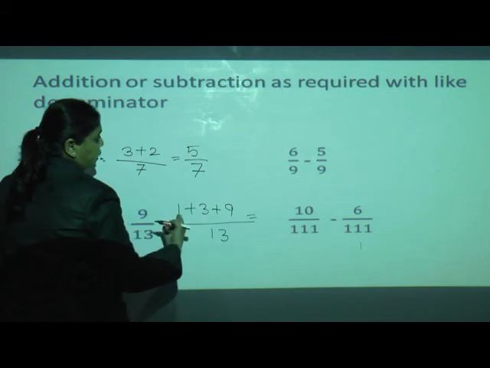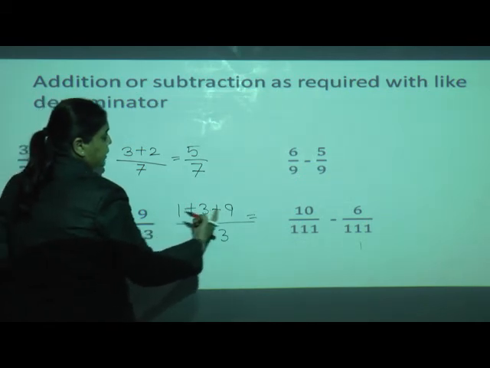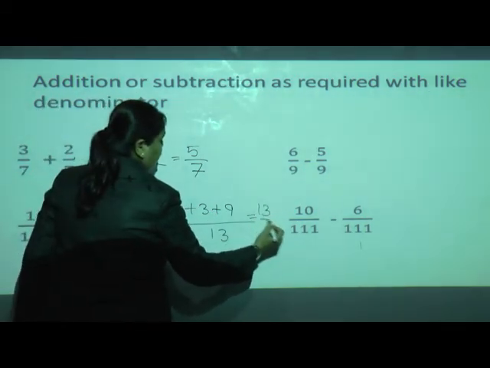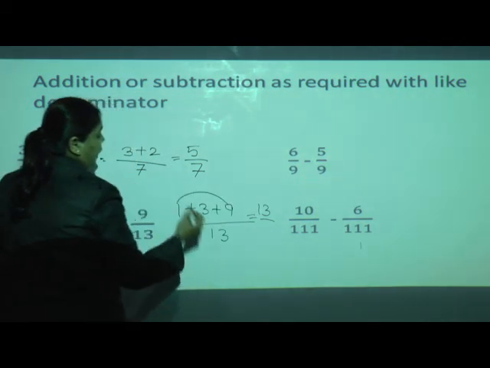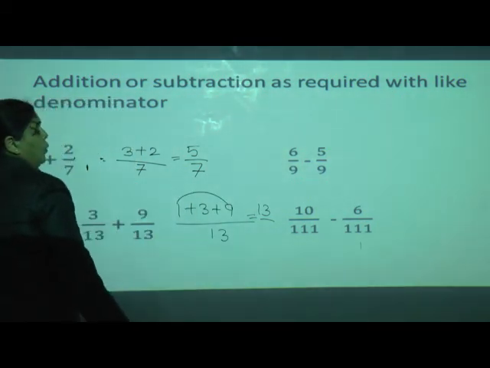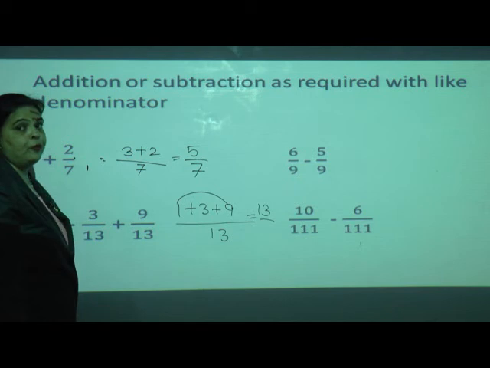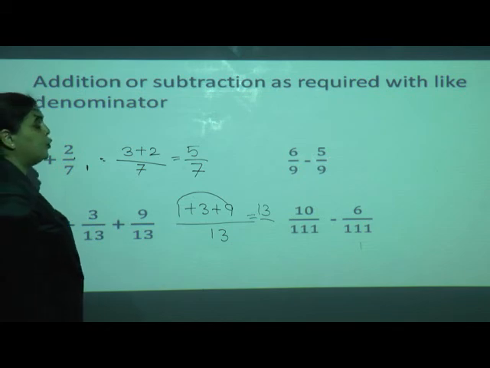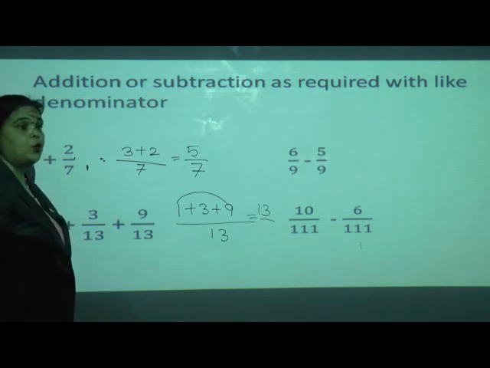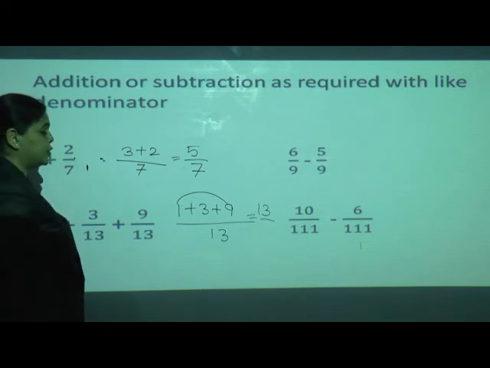So 9 plus 1 is 10, 10 plus 3 is 13. You know what I have done? I added this first. In addition, if you change the place of the numbers, the sum remains the same. It is for your convenience, in whichever way you can add as quickly as possible.